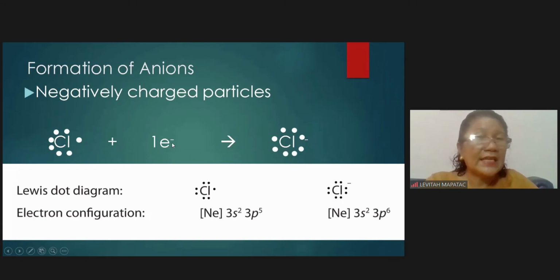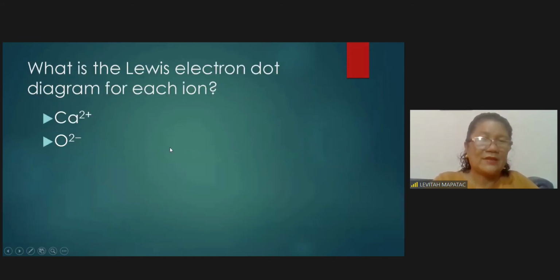So once it is added, what happened? It will be negative. So your chlorine here has a negative sign. What is needed is looking into the Lewis structure.